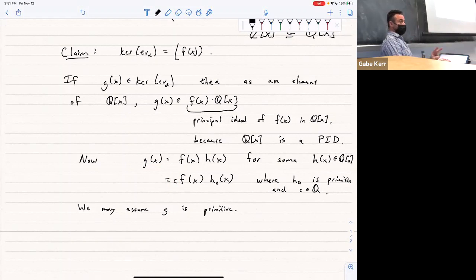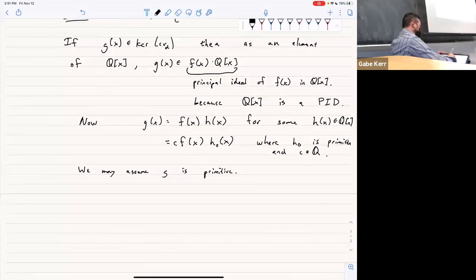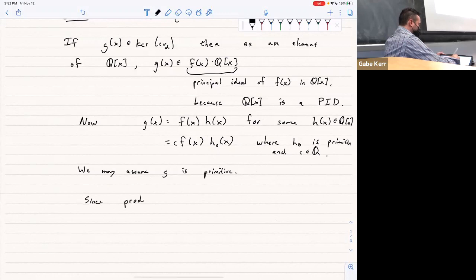The other is that if you have 2 primitives and you multiply them together, it's a primitive. Since products of primitives are primitives, this product f of x times h naught of x is a primitive.